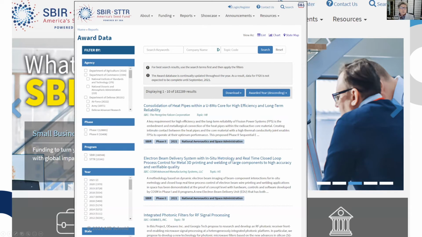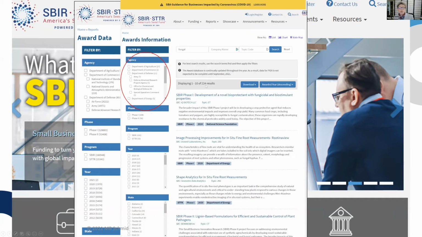182,000 awards in all agencies, all years. But if we then do a search for fungal, you'll see there are only 224 awards that have been made. And if we look just quickly at these, it looks like there's some agriculture, so fungi are important in a lot of different realms.